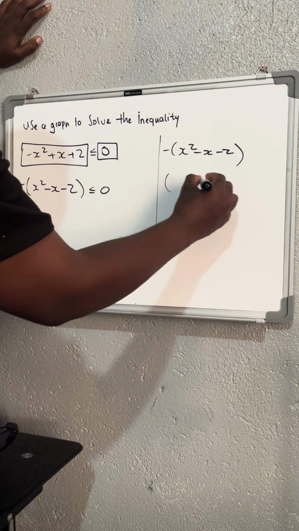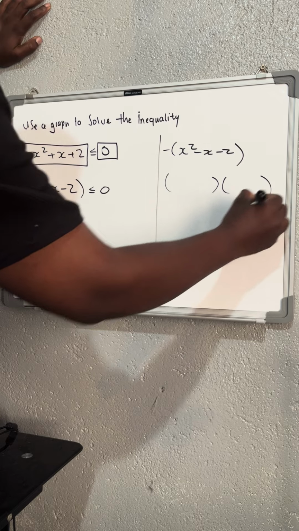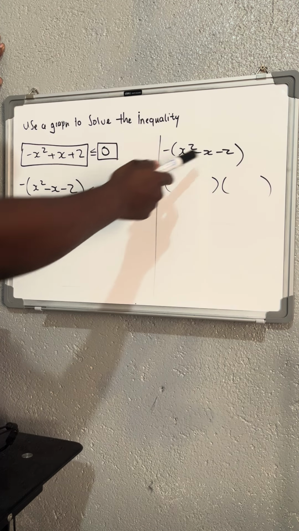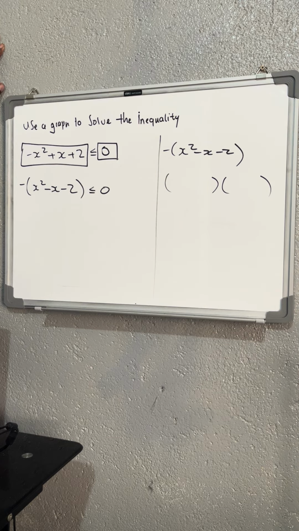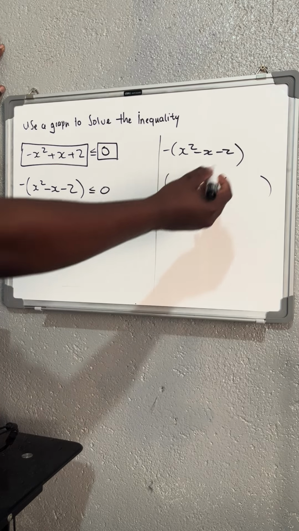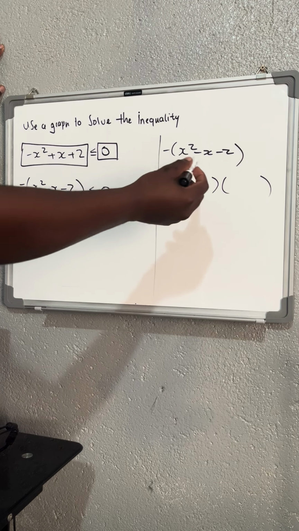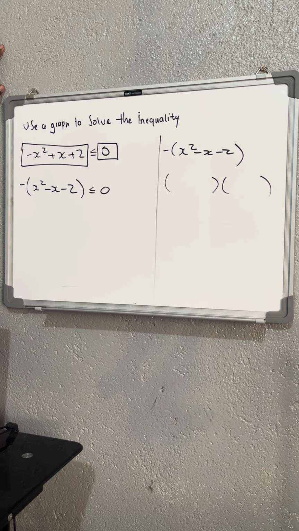So let's just do our two brackets. So which approach are we going to use? When you're trying to factorize this one, you always try and look at this number and the one in the middle. So you're going to ask yourself, which two numbers can you multiply that will give you minus 2, and when you add them they give you minus 1.